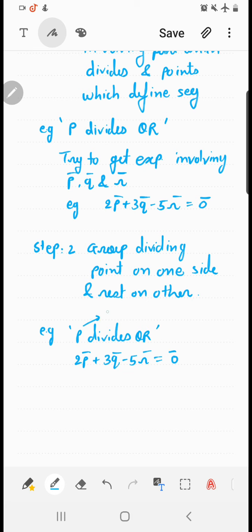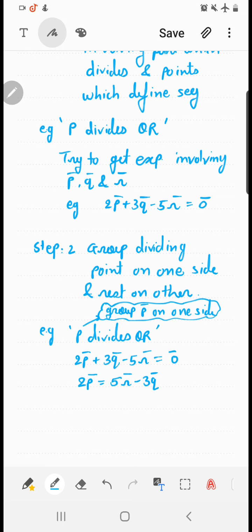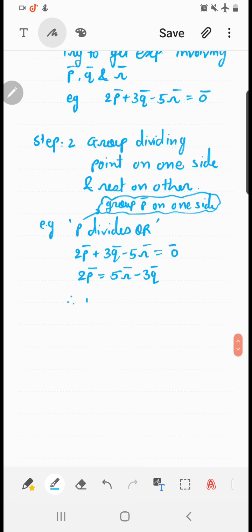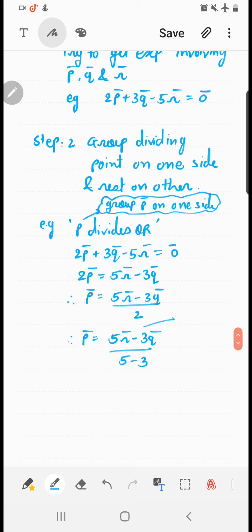So what I should do is group P bar on one side. Just keep this in mind. So let us group P bar on one side. Can I say 2P bar is equal to 5R bar minus 3Q bar? Now if you're really smart, I get P bar is equal to 5R bar minus 3Q bar upon 2, and this denominator 2 can be written as 5 minus 3. And if you are really smart, do you see this as the external section formula?